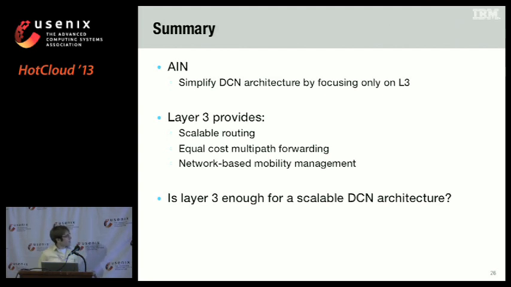Just by looking at some of the things that layer 3 already provides, it seems to provide scalable routing, equal cost multipath forwarding, and network-based mobility management. So the question that we really want people to think about is whether these blended approaches are really needed, or whether layer 3 is actually enough for a scalable data center network architecture. Okay, thanks.